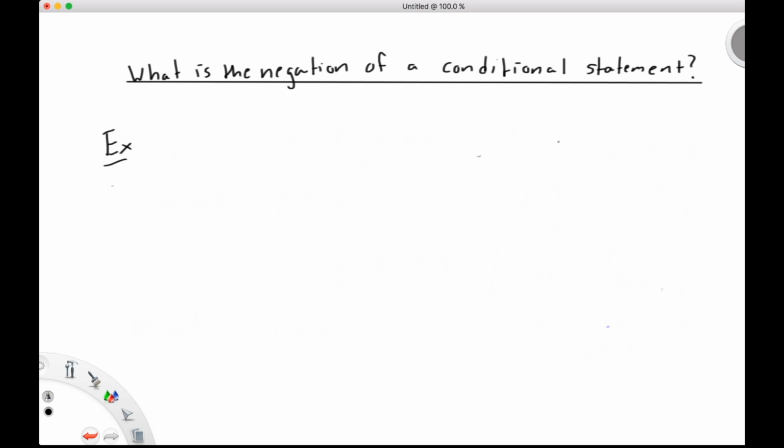Now we could look at one more example where we have something like P implies the statement Q or R and aim to find its negation. And now this one is just a little bit different because here the antecedent is a single statement, but the consequent is a compound statement. And so we've got to take that into account when we do the negation here.